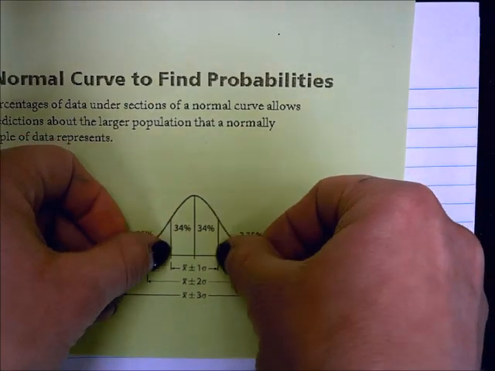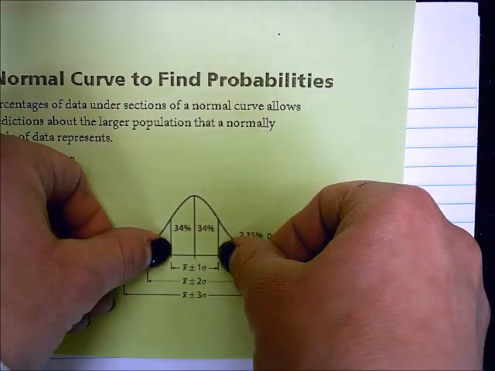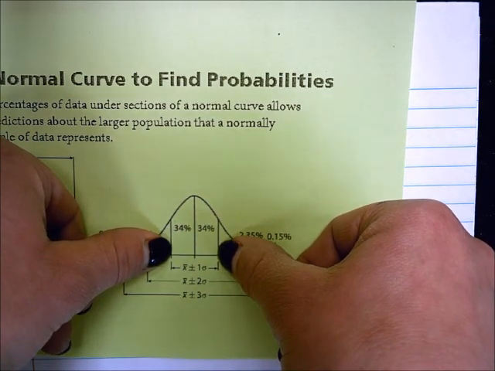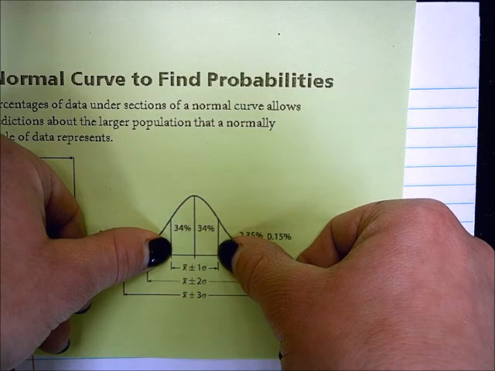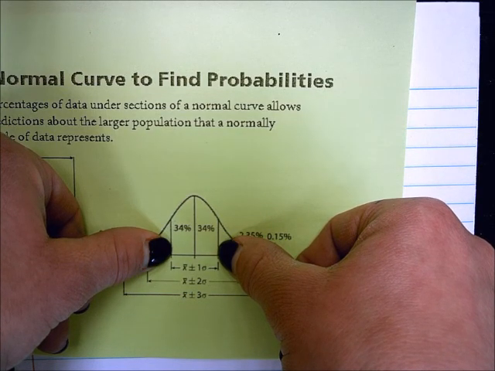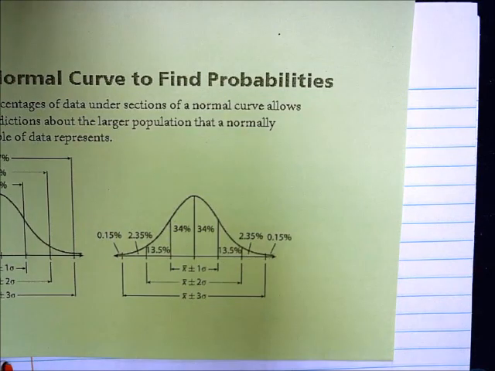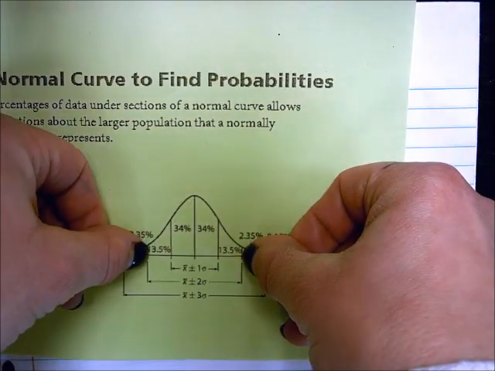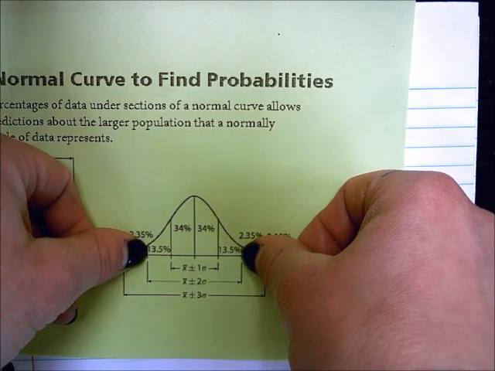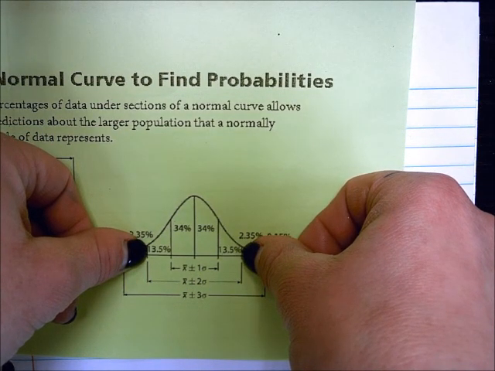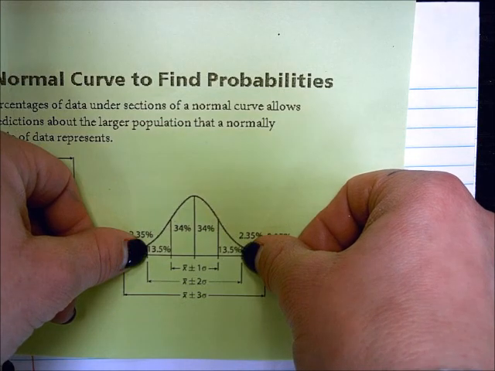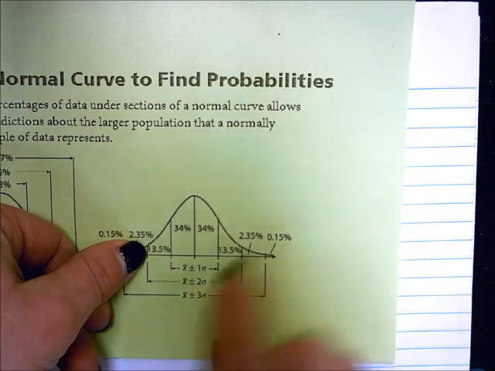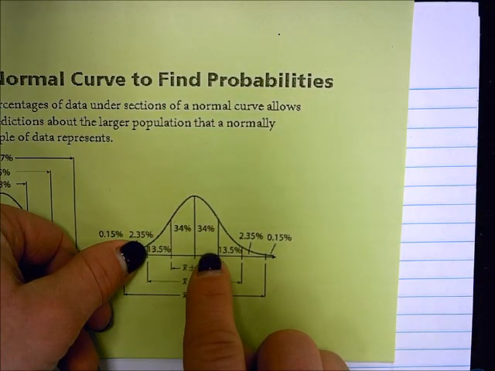Now, here's an even further breakdown. If you look at 1 standard deviation, if 68% fall in that range, how much would be on each side of the mean? 34 and 34, right? So if this is 2 standard deviations from the mean, all together that has to be 95%. 68% was in the middle.